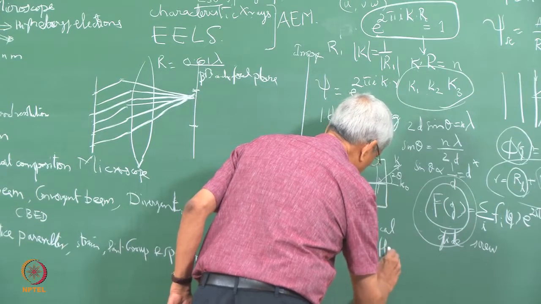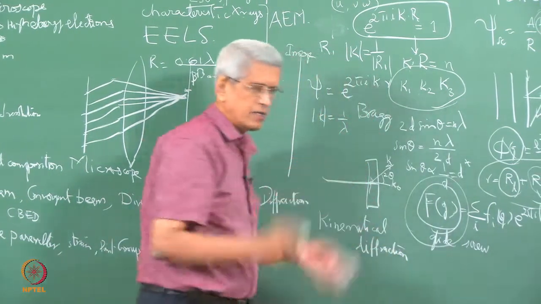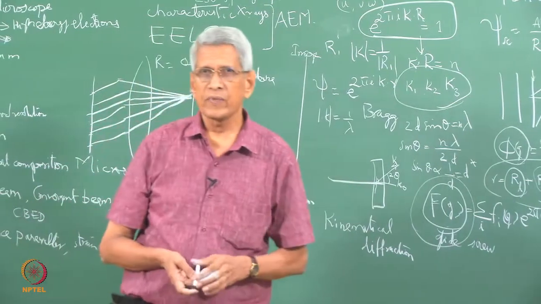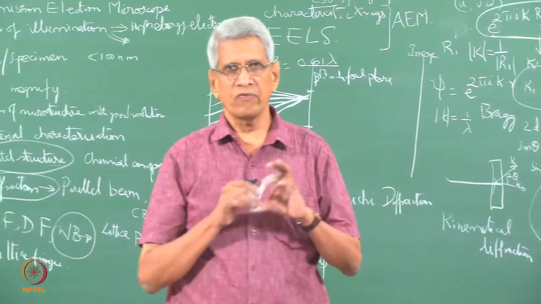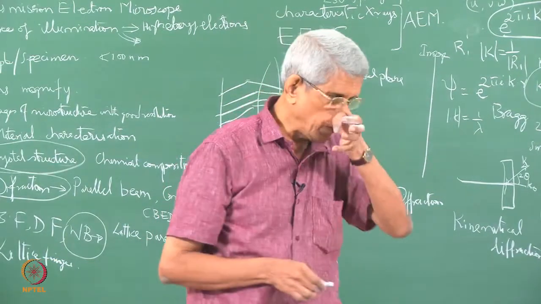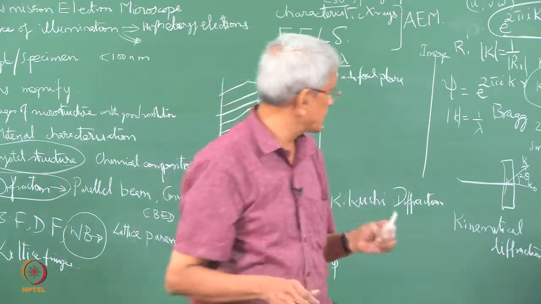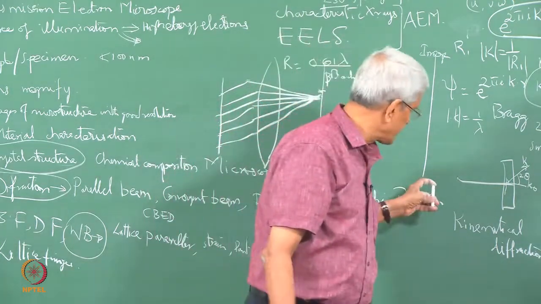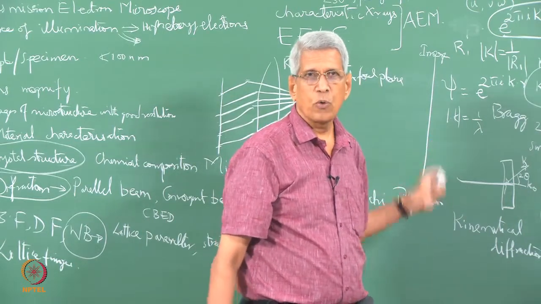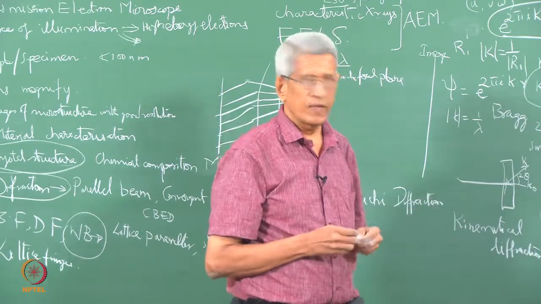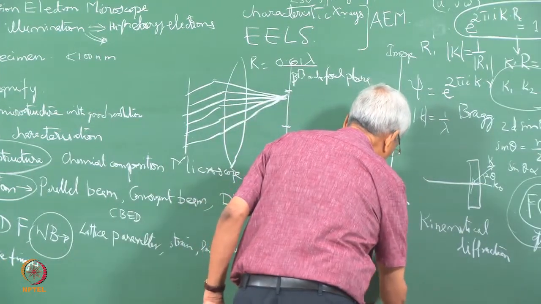This is valid in the case of X-rays, because X-rays interact weakly with matter, whereas in the case of electrons in an electron microscope, they interact strongly. The electron which has been scattered in a particular direction could be scattered again before it comes out of the sample. So, multiple scattering can occur. In that case we have to use what is called the dynamical theory.